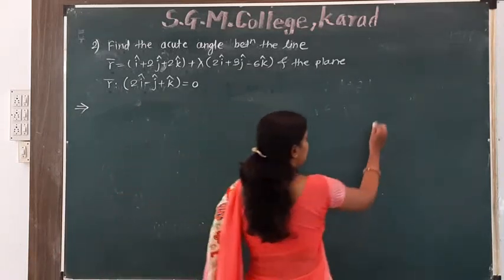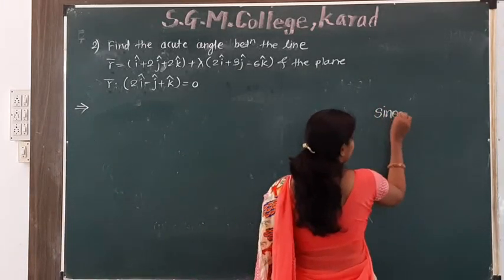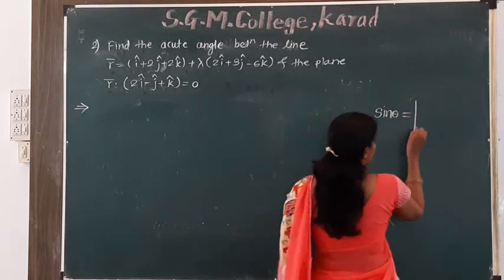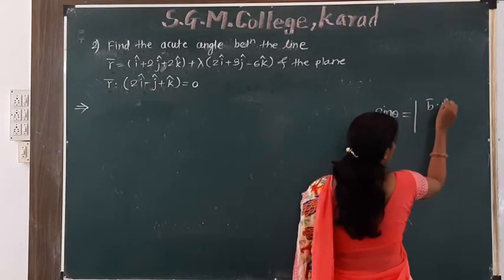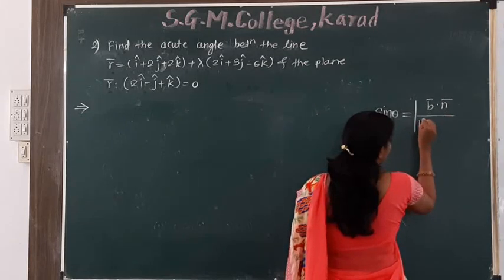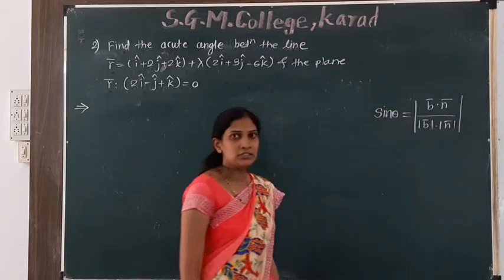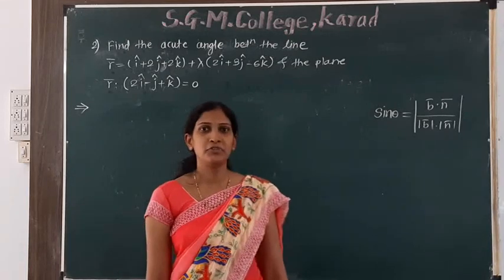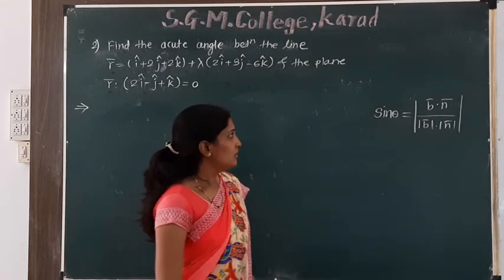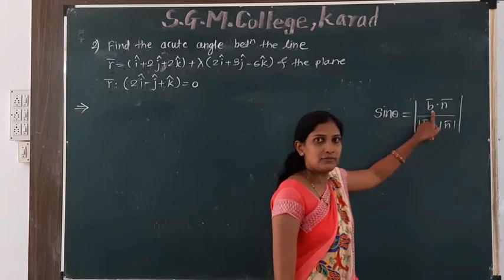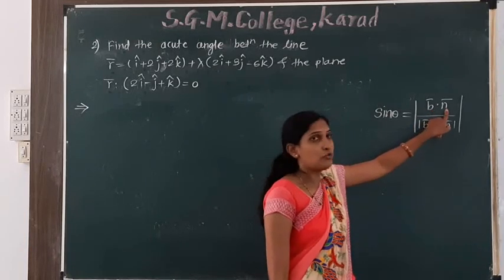What is the formula? The formula is sin theta is equal to mod of b bar dot n bar upon magnitude of b bar into magnitude of n bar. This is the formula of the angle between the line and plane. For this we have to find the value of b bar and the value of n bar.